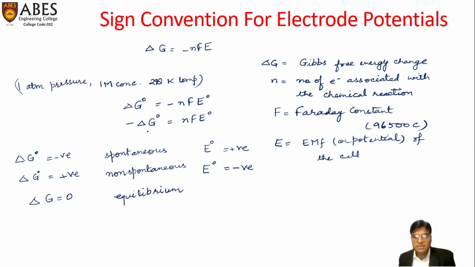Delta G is 0 only when E is 0. So the 0 value of E naught represents that the chemical reactions are not happening or the cell is in the equilibrium state.